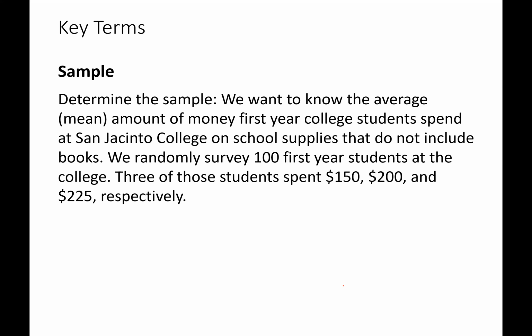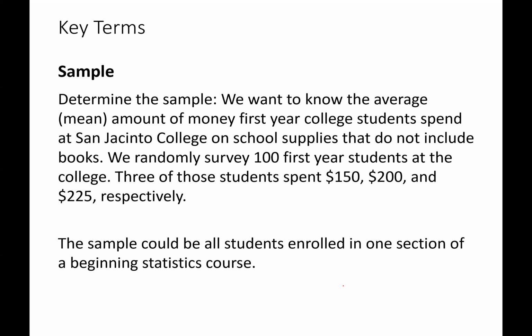Okay? So now, what's your sample? What's that? 100 college students. The 100 college students. So now, if your population is all the first-year college students, and we are going to survey 100 of them to represent our population, then they would be our sample. Now, for some reason, your book says the answer could be all the students enrolled in one section of a beginning statistics course.